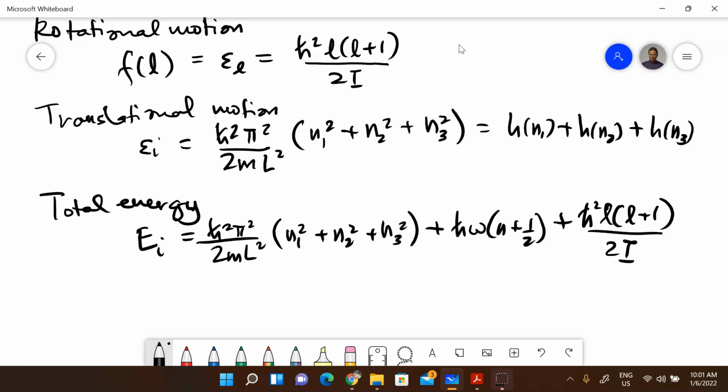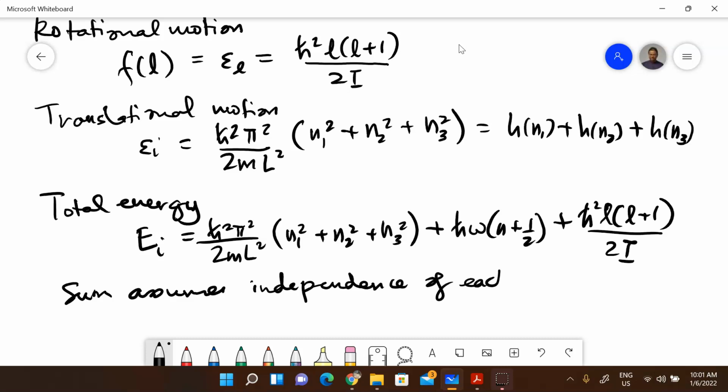Now, this is really an assumption. What is the assumption? The sum assumes independence of each motion. But is it really so?